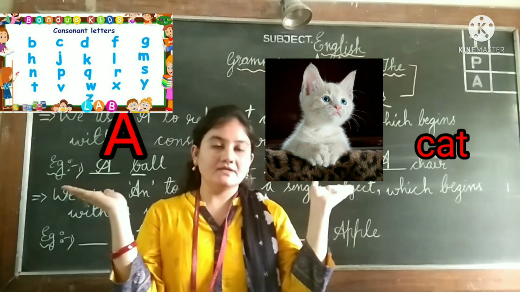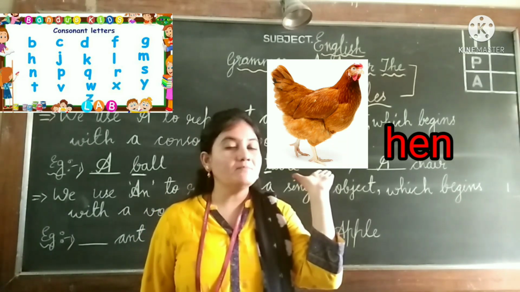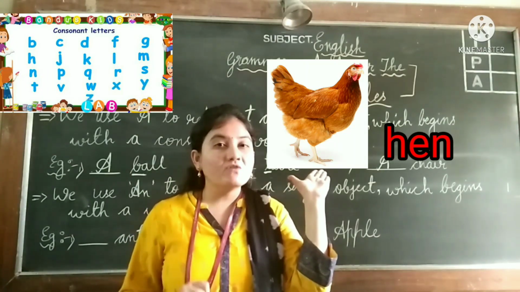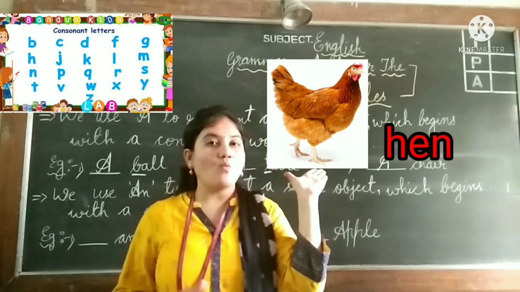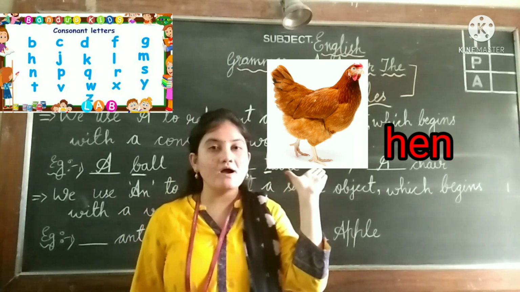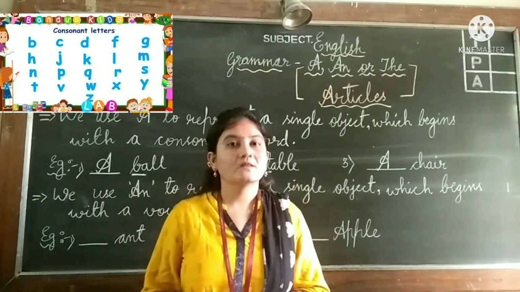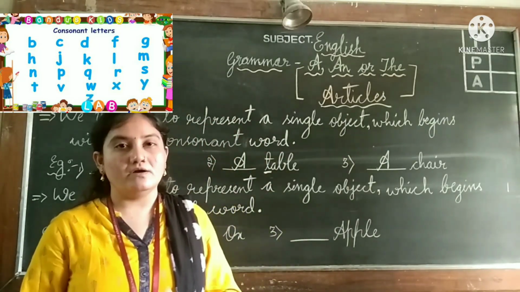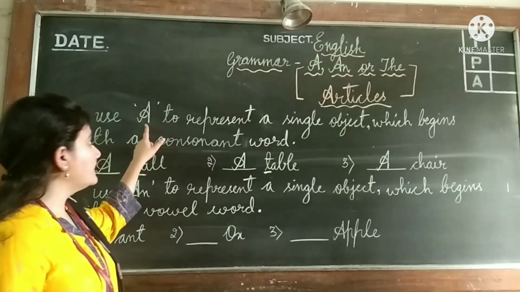Next, can you see the picture, children? Yes, it's a hen. The word hen begins with the letter H. Is H a vowel letter or a consonant letter? Yes, H belongs to consonant letters, so A hen. These are the examples of consonant words where we use A.